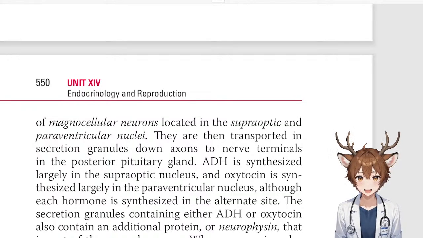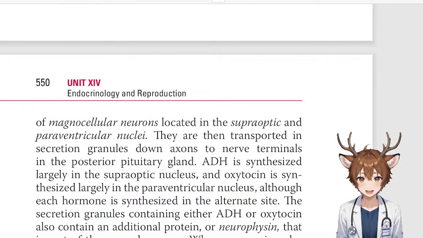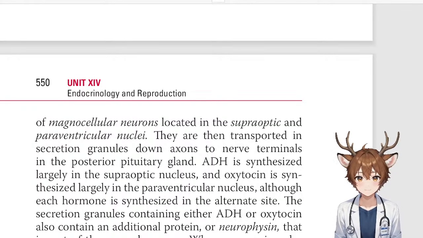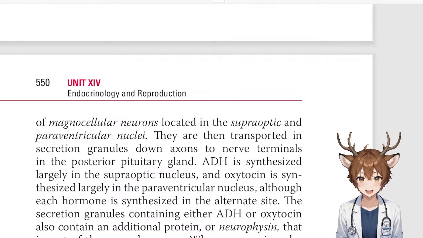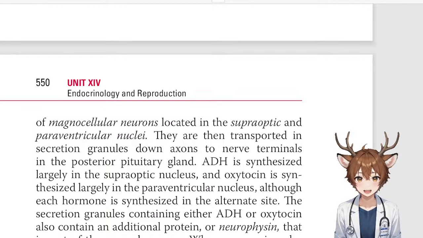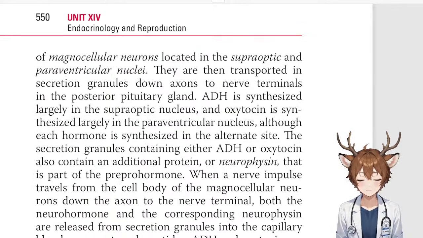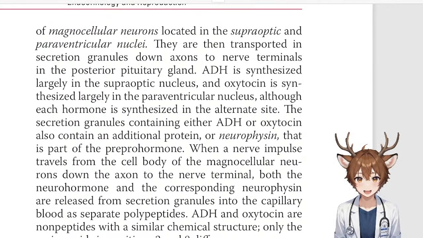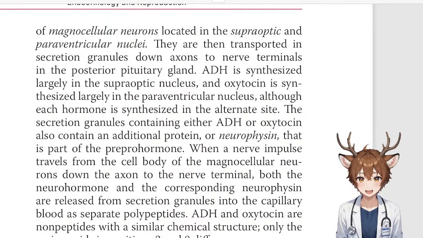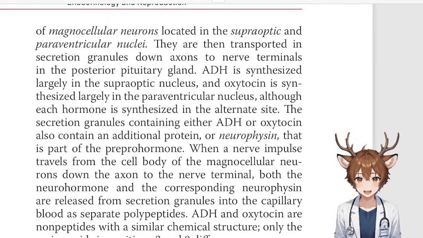You just need to know that supraoptic, i.e. ADH producing, paraventricular, i.e. oxytocin producing. That's all you really need to know. Although it's not as black and white, not as clear cut, but that's the gist of it essentially. So let's go back down to it. Yeah, and although each hormone is synthesized in the alternate site, that's true.